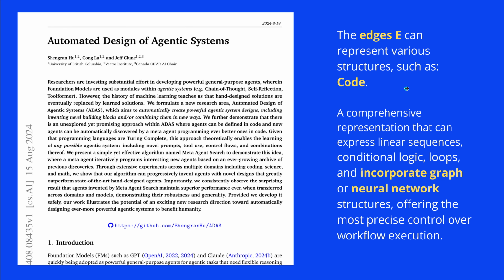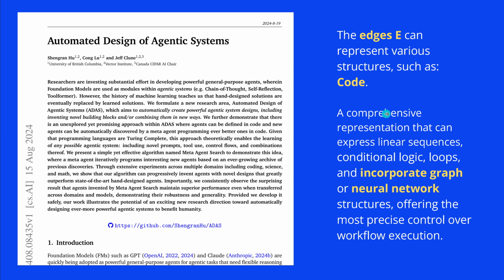Now, as I showed you in this third category here, edges can be represented as the structure of a code structure. We already have from August of 24 here, automated design of agentic system. And now the beauty of this idea is, and please read it, and whenever you see here the Meta agent search, this is not the company Meta, but this is just the superior, the above certain levels here search.